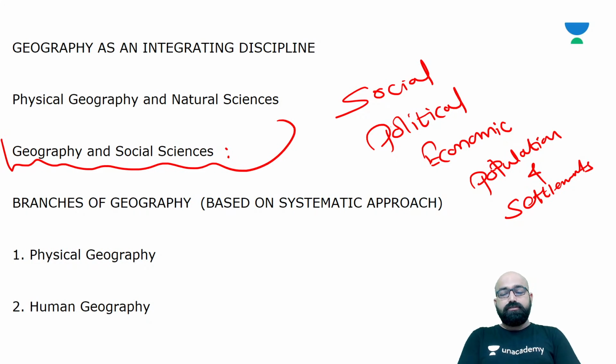Now, economics deals with basic attributes of the economy such as production, distribution, exchange, and consumption. So, each of these attributes also has spatial aspects. And here comes the role of economic geography to study the spatial aspects of production, distribution, exchange, and consumption.